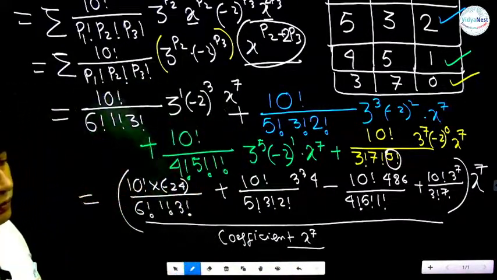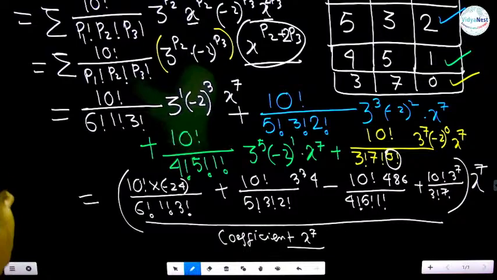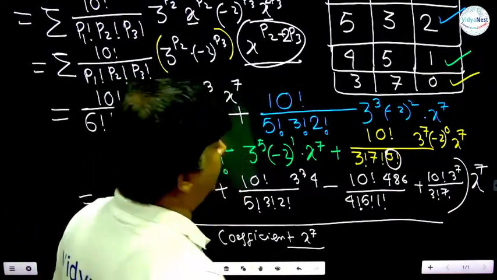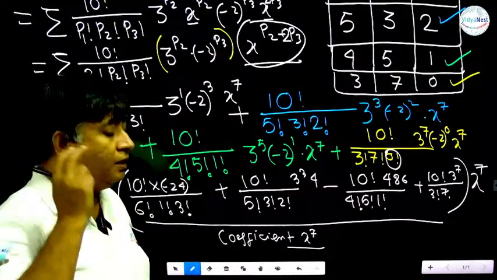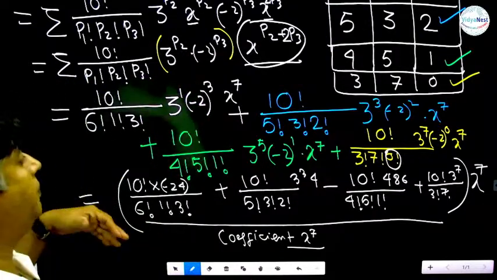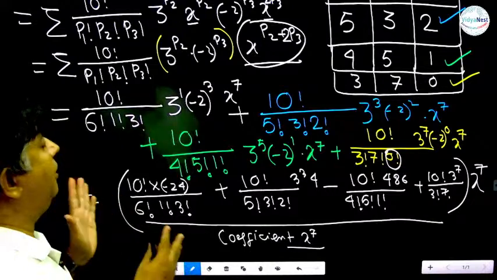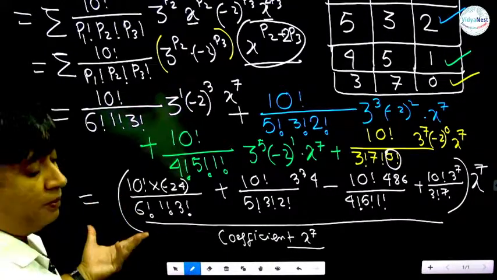Okay. Now let us see whether this type of sum came in JEE in the recent past or remote past, that we have to see. If it has not come, then there is no point in doing it. But it will be useful if you have to tackle this type of sum in JEE.